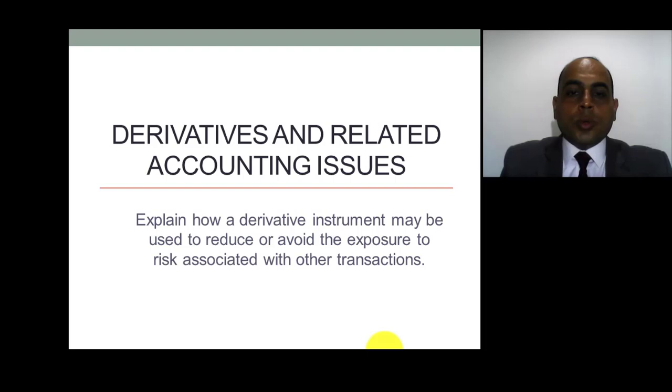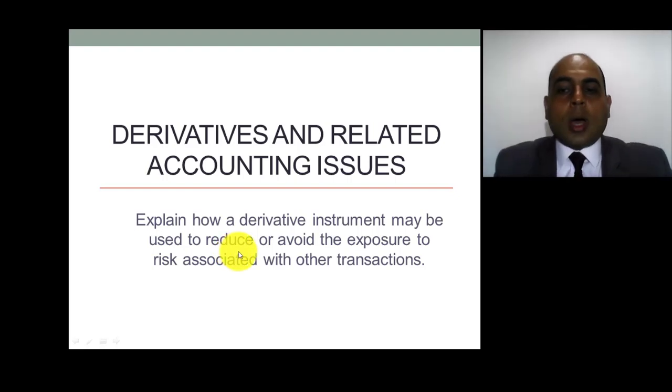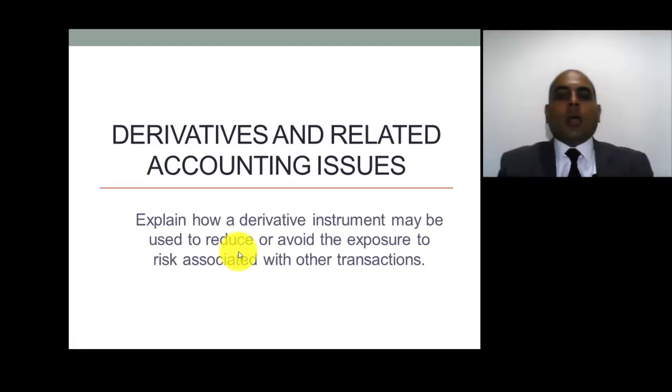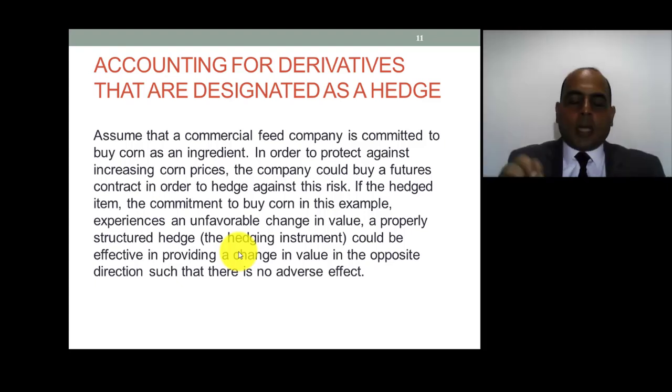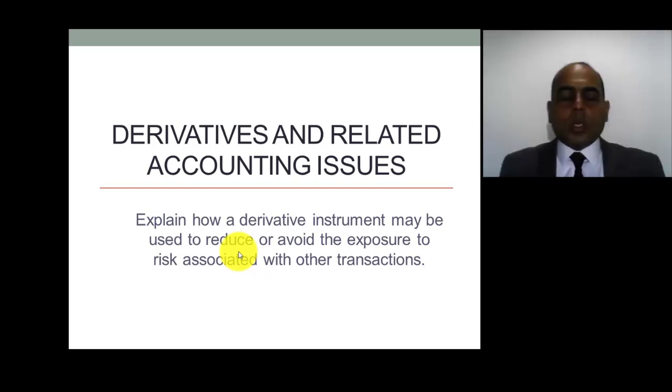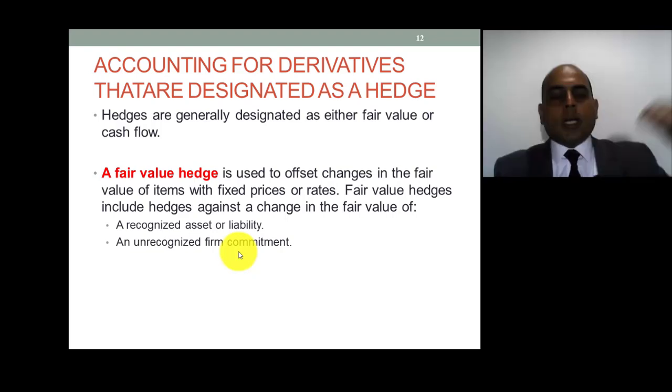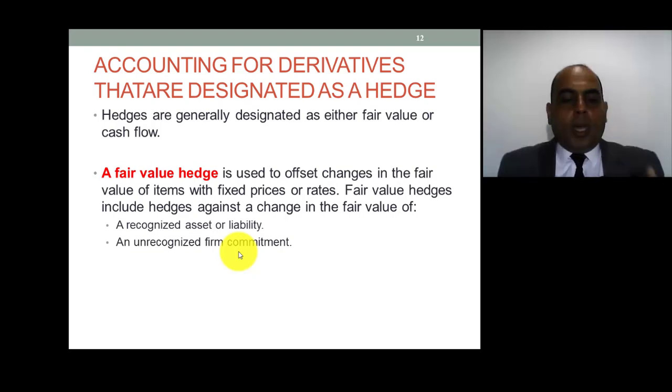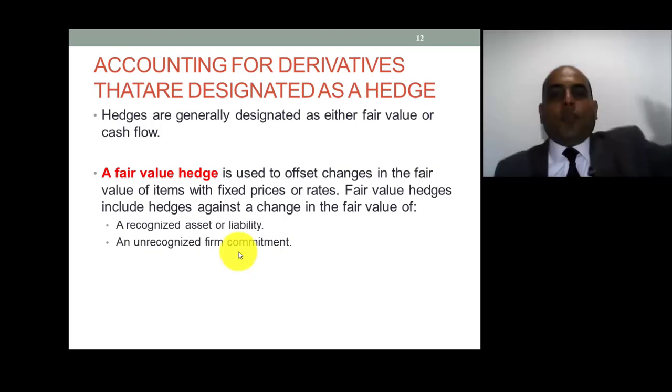Let us move to the next point: how a derivative instrument may be used to reduce or avoid exposure to risk associated with other transactions. As we discussed before, we may enter into a forward contract or a future contract. With a future contract, we determine the price that we agree to pay in the future.